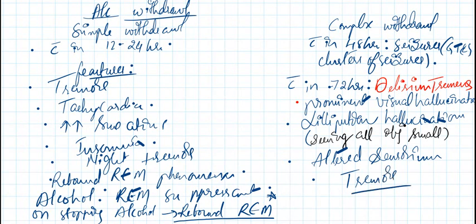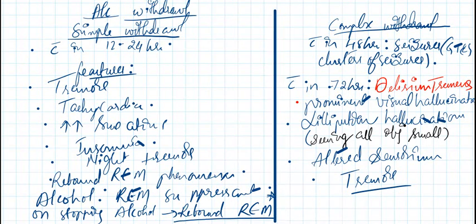These are the features of alcohol simple withdrawal and complex withdrawal. Please study these features because it is an INICET topic. Now we will get on to one very important thing: treatment.